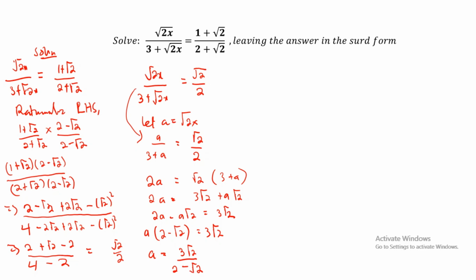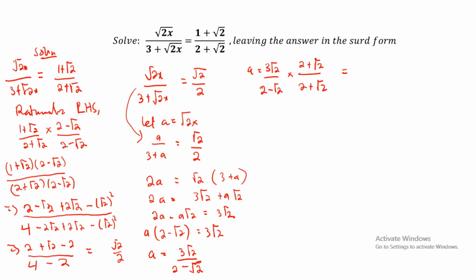So this is a, but then you see that a is not simplified. So to simplify a, we need to rationalize the denominator here. So the conjugate for this case will now be 2 plus root 2. So we multiply by 2 plus root 2 all over 2 plus root 2.